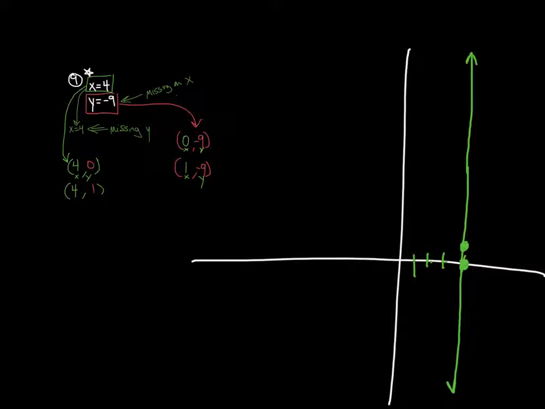And then for the y equals -9, we got 0, -9, and then 1, so over 1, and then down 9. So that'd be our other point. So that graphs something like that. These do have one intersection point, so this would be consistent. And that's all that we'd need to do.